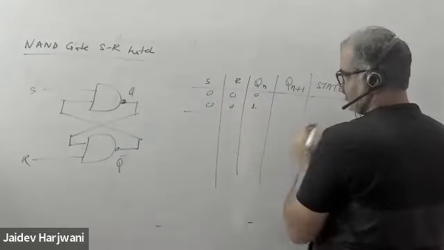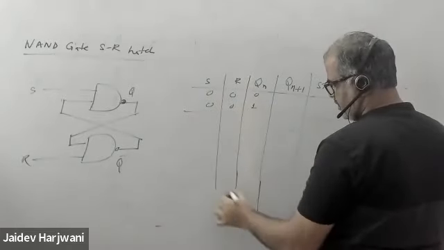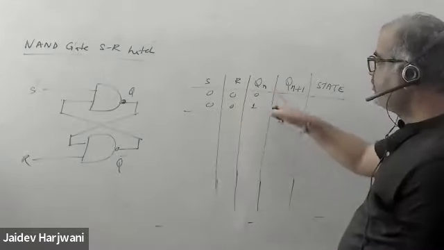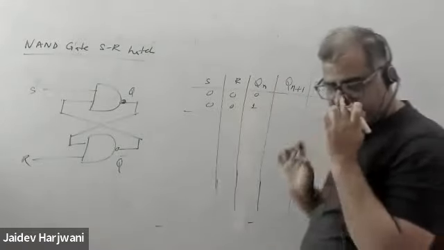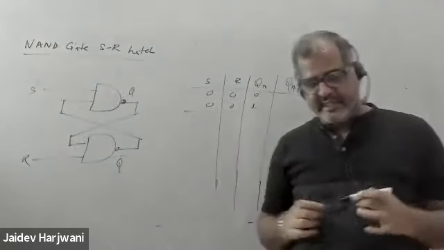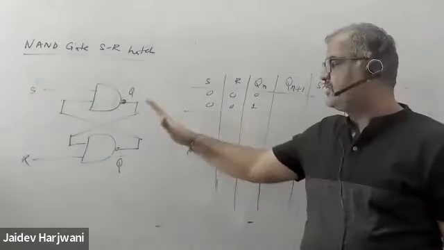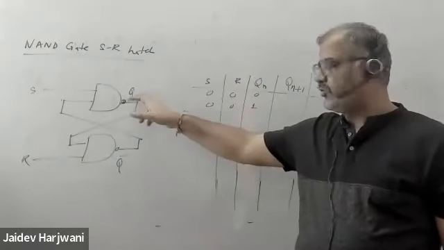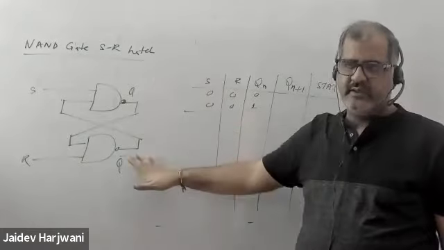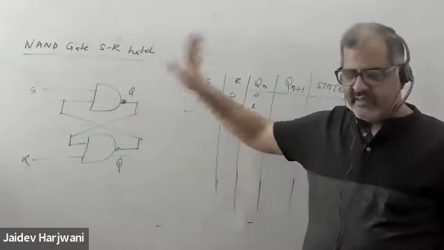Sir, the Q n we are writing as 0 1, are those Q and Q bar? No, it is for Q bar, I am only writing this Q bar. The state of the flip flop, I told in the beginning very clearly, is mentioned by Q only. Q bar is the inverted output, whose opposite it will always be. The state will always be defined by Q.